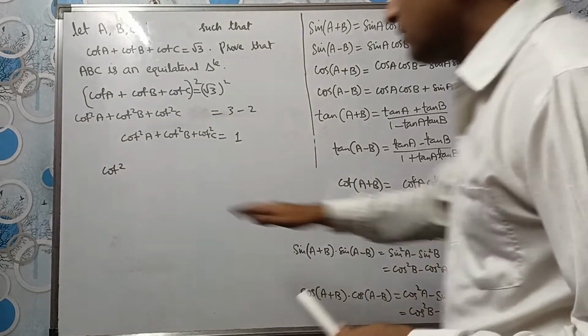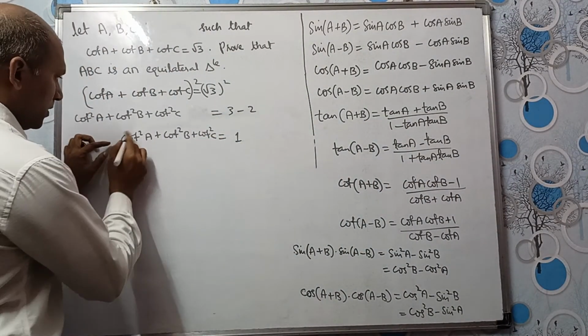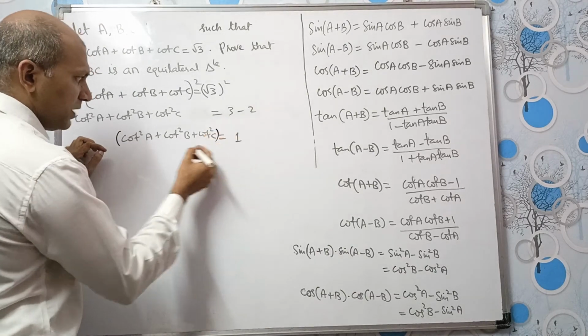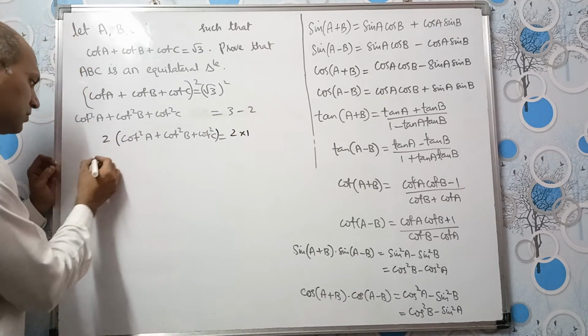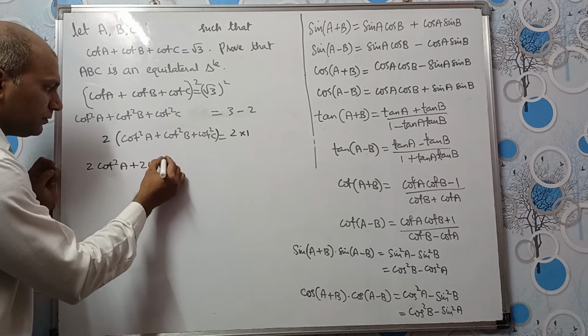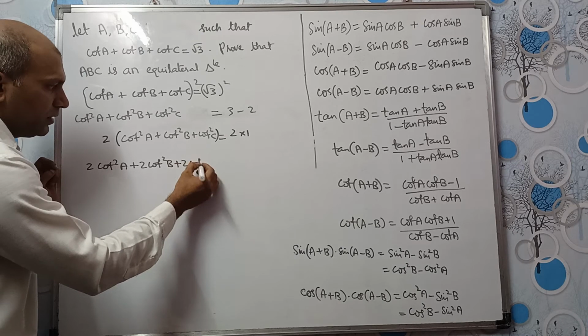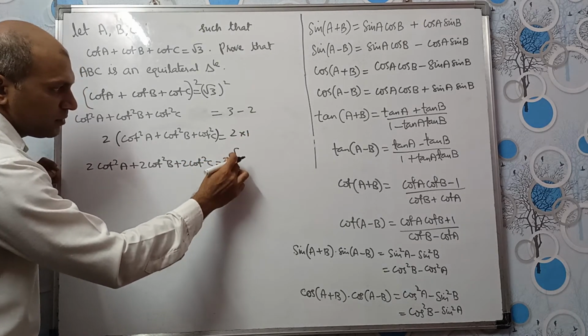Anyway, from here let us multiply both sides by 2. So this will be 2 cot square A, 2 cot square B, 2 cot square C is equal to 2 into 1.